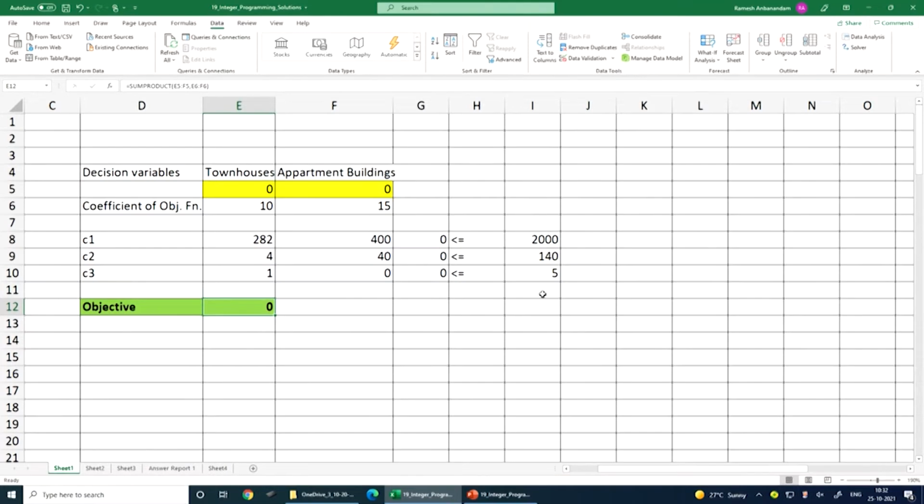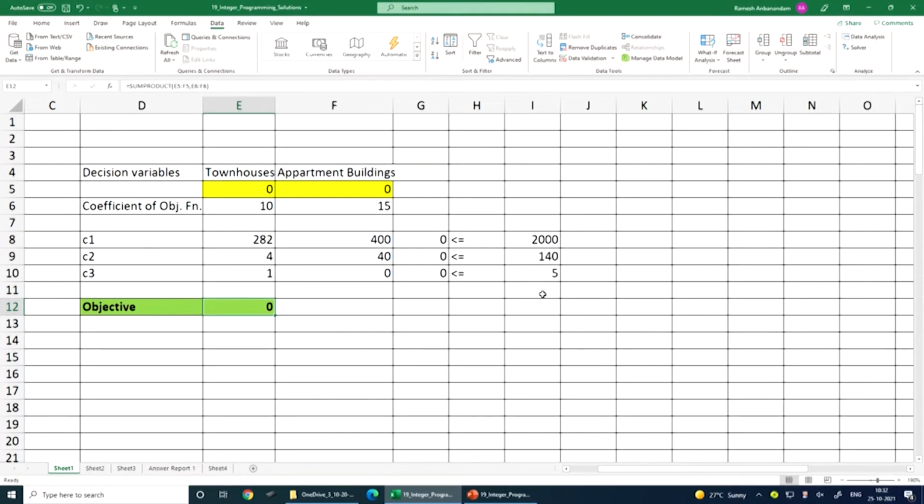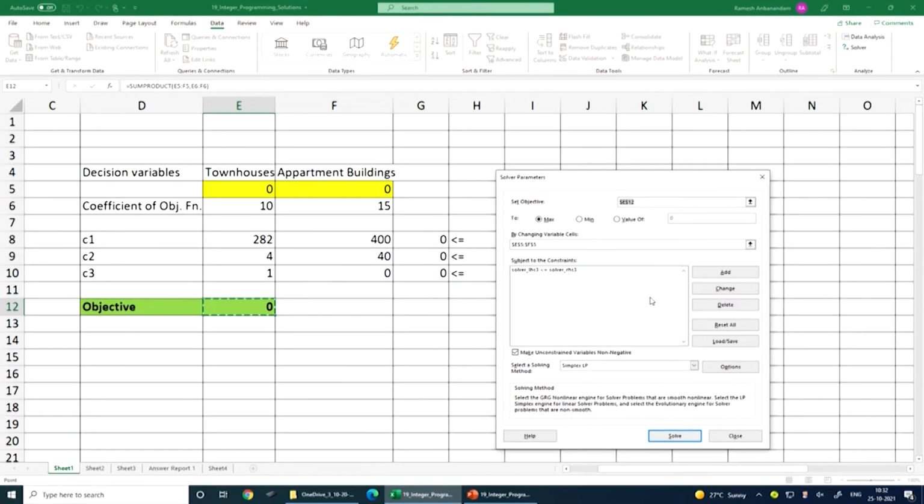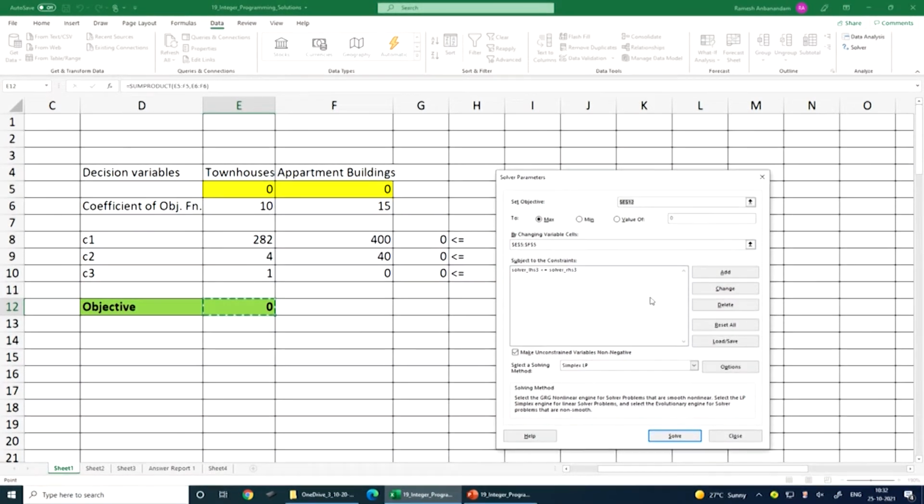Now, we solved the problem graphically. Now, I will solve it with the help of Solver. I have entered the decision variables, constraints and objective function. So, go to Data, Solver. My objective function is maximization. Here I am not imposing the integer constraint, so this problem is the LP relaxation problem.